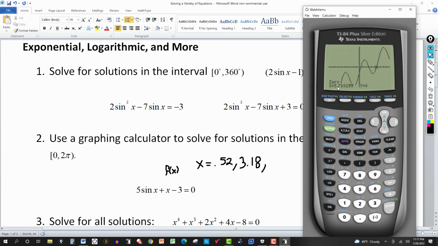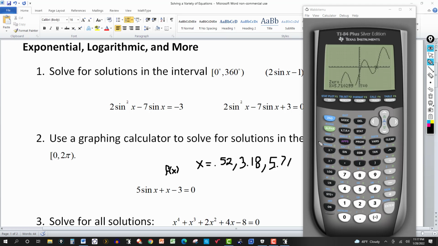And we get another 0 at 5.71. Y equals 0, which confirms that it's a 0. The next solution is 5.71. So the zeros are 0.52, 3.18, and 5.71.